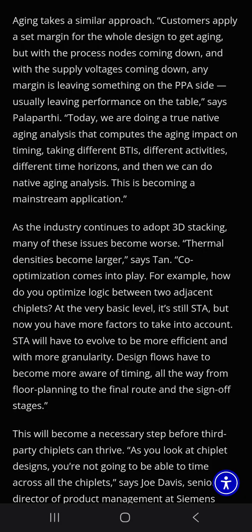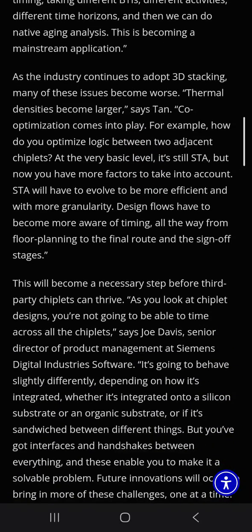Design flows have to become more aware of timing, all the way from the floorplanning to the final route and the sign-off stages. This will become a necessary step before the third-party chiplet can thrive.